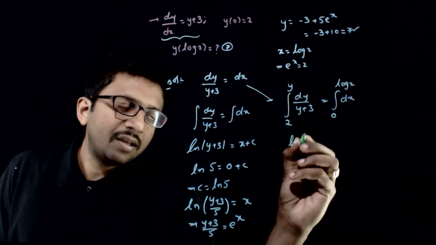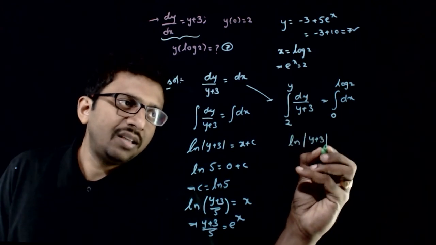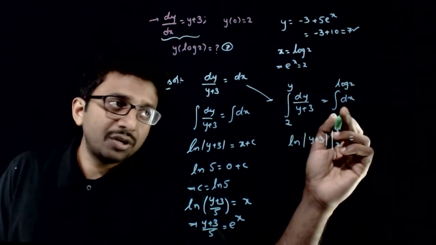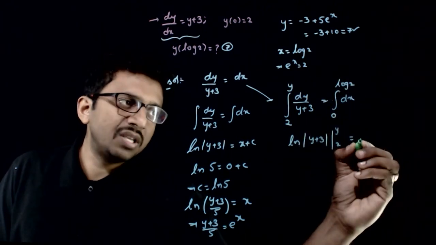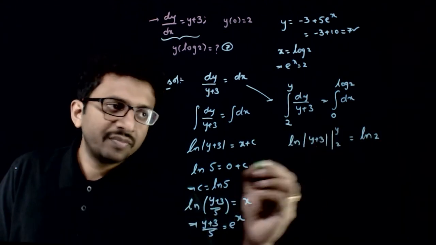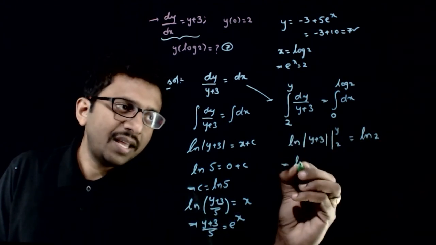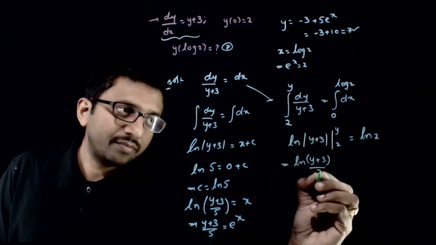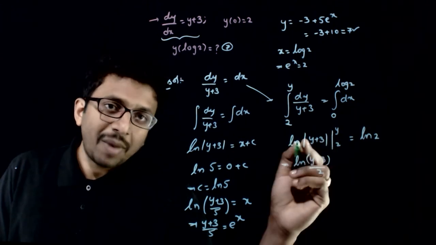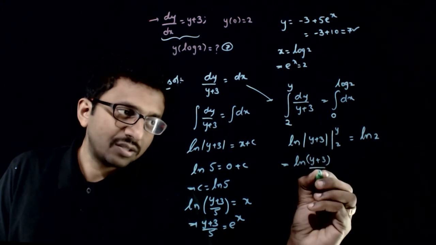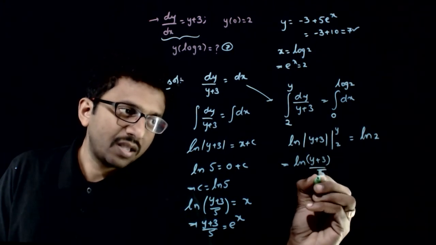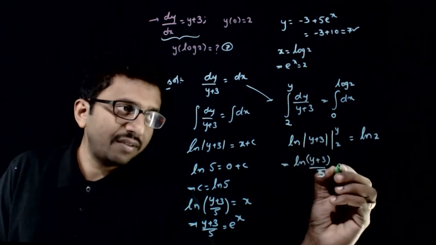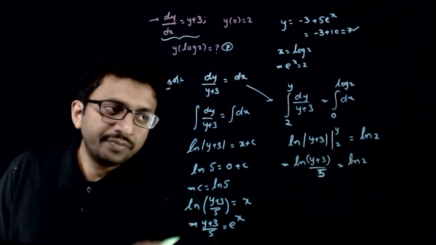So this is ln|y + 3| going from 2 to y, equal to the integral of dx, which is x going from 0 to log 2, which is nothing but ln 2. This implies ln(y + 3) minus ln(2 + 3), that is ln 5, is equal to ln 2.